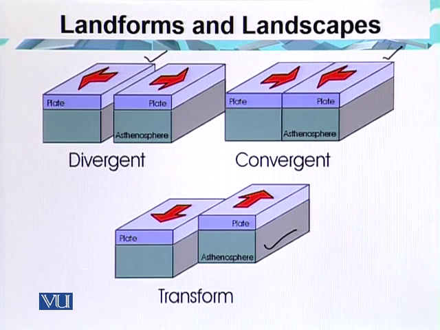Now, mapping of the plate boundaries, the discovery of sea floor spreading, and the direction and rate of movement of the plates has enabled scientists to recreate their history. There is much geological evidence that gives clues to the position of the plates in the past.